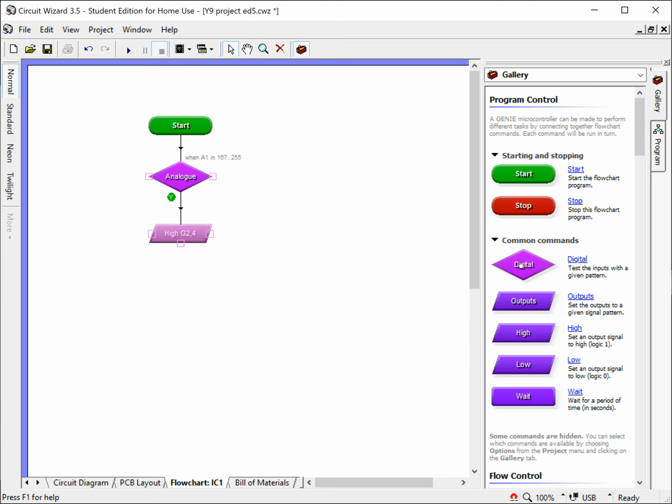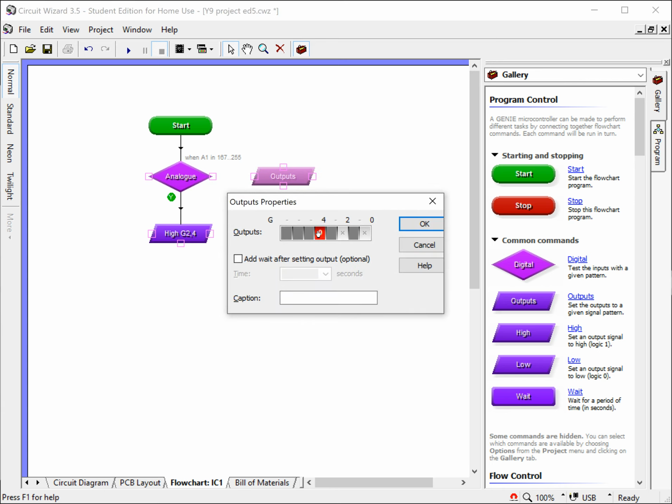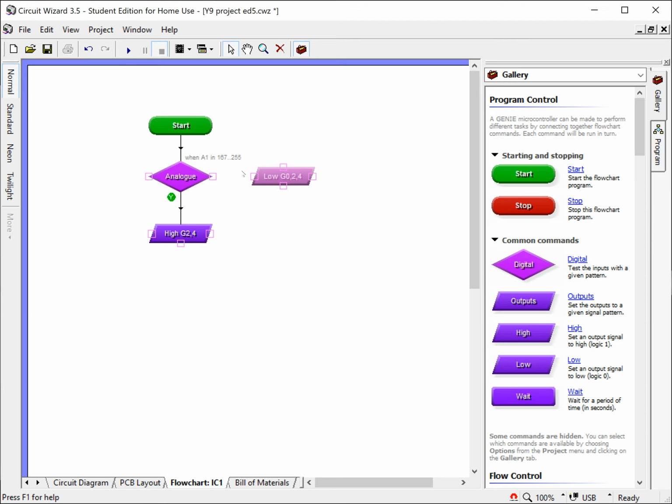And if they are not, we want the outputs to go low. And that is my small little program.